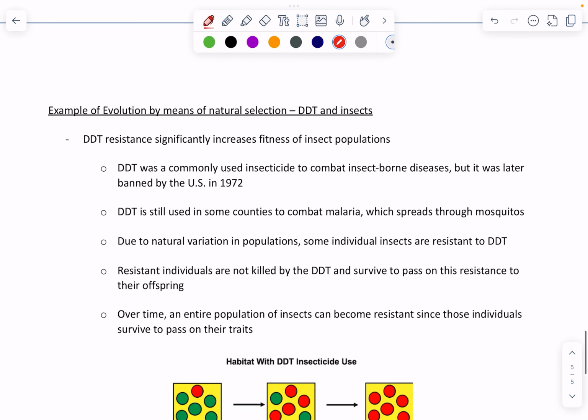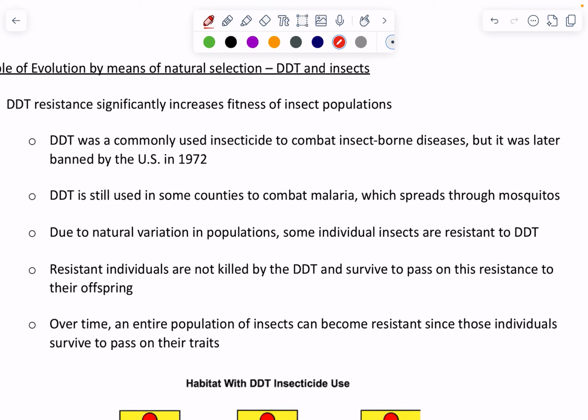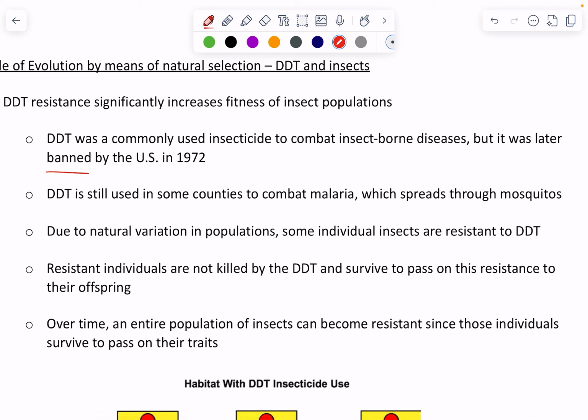Okay, and so we can see this as an example with DDT and insects. DDT, this insecticide that farmers would spray on the crops back in the day to get rid of bugs that would eat their crops. This was something that was used in the 1960s and 70s and was banned in 1972.